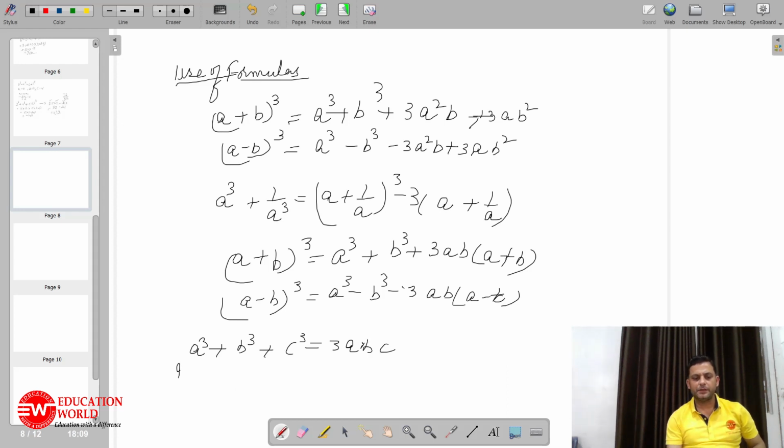But this is possible only if A plus B plus C is equal to 0.